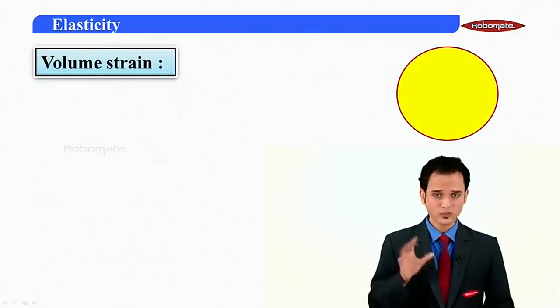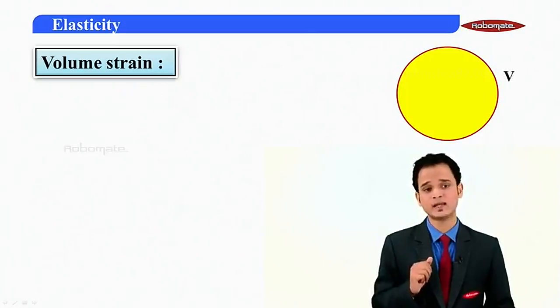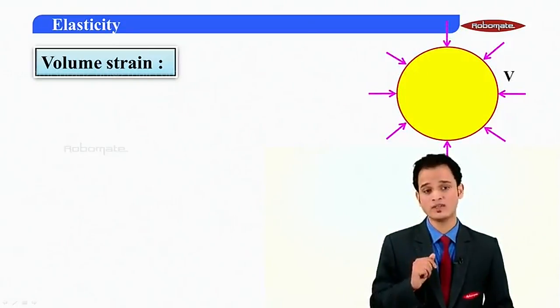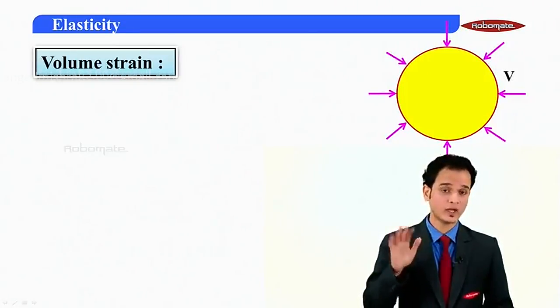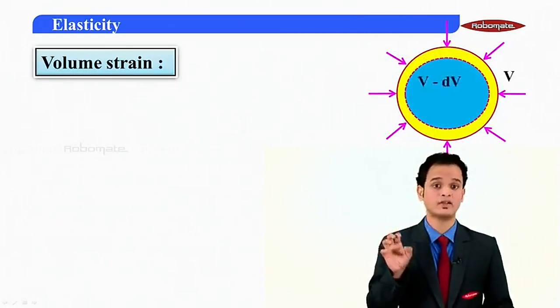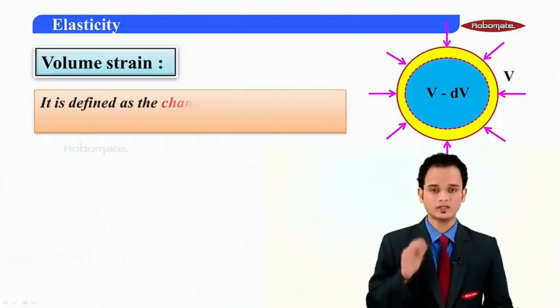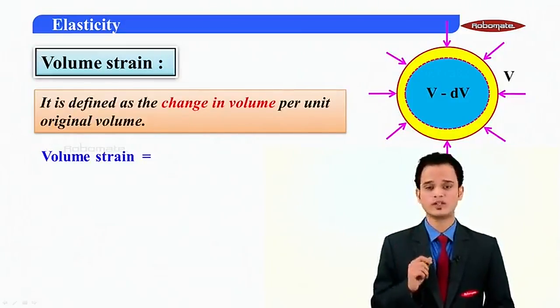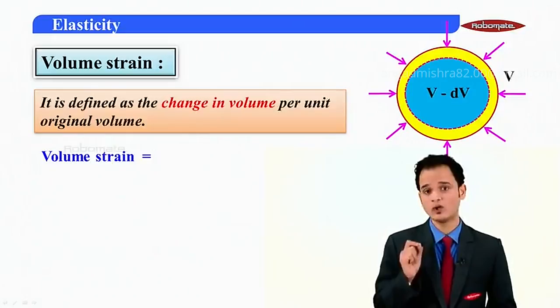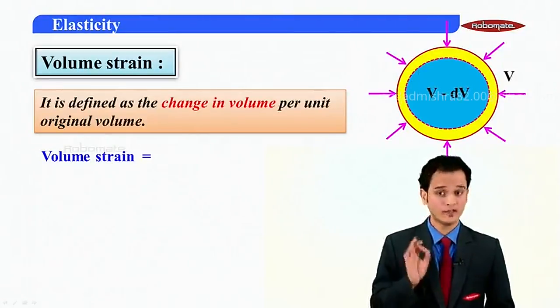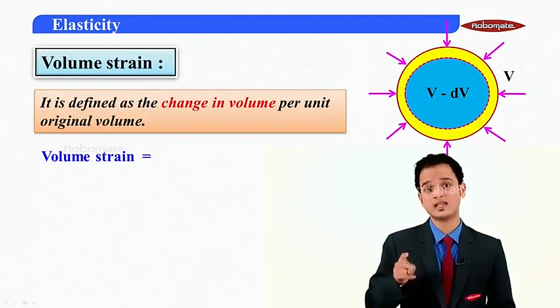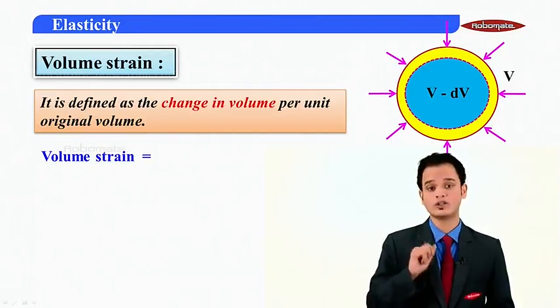Volume strain. Over here we have already seen this diagram. We had the original volume as V. When we are subjecting it to external force, what happens? It gets reduced and the new volume is going to be V minus dV. Now students, this volume strain is defined as the change in volume per unit original volume.